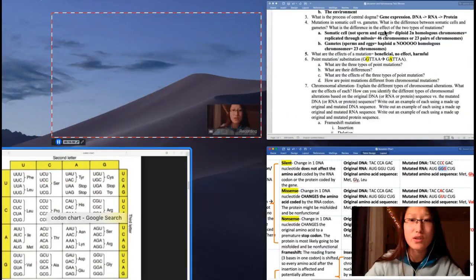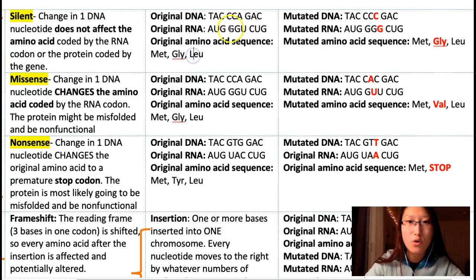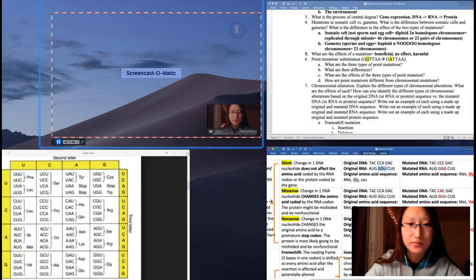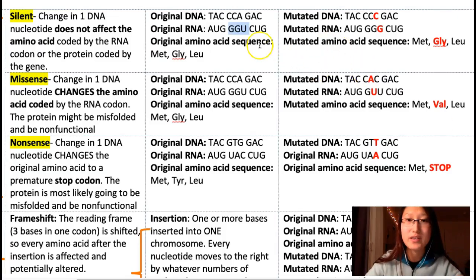If we look at our codon chart, GGG codes for glycine, but the original GGU was also supposed to code for glycine. See? Even though there is a point mutation, there is no change in the amino acid at all, like glycine and glycine. We call it a silent mutation because it's a point mutation that is silent, it's not changing anything.